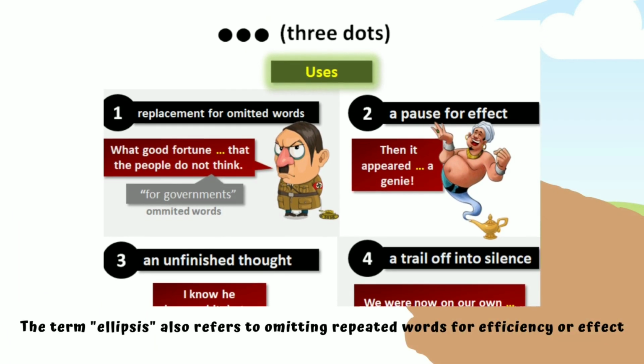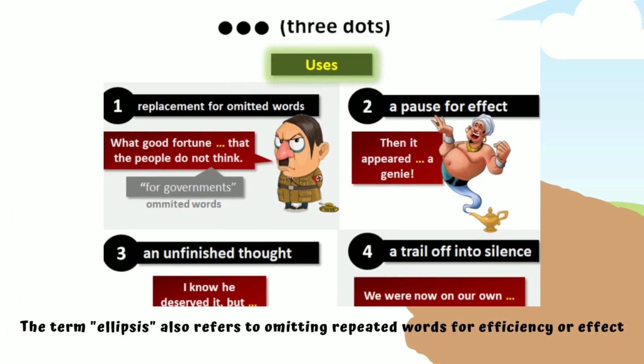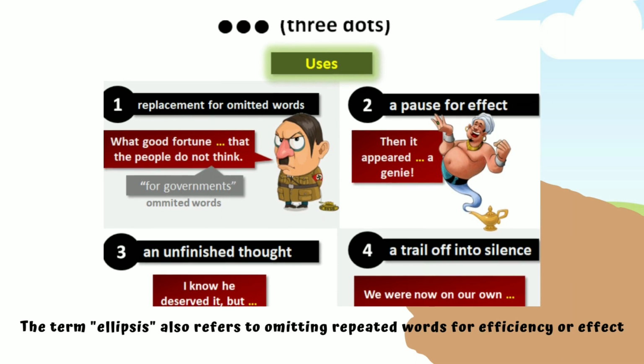So, three dots. 1. Replacement for omitted words. "What good fortune that the people do not think for governments" is an example of omitted words. 2. A pause for effect. "Then it appeared... a genuine." 3.